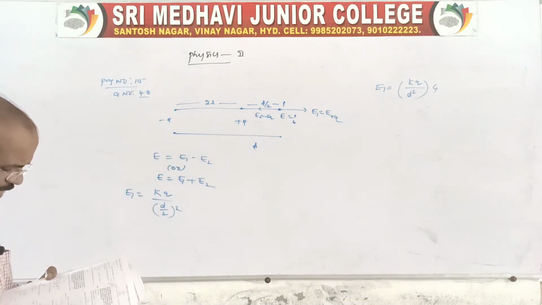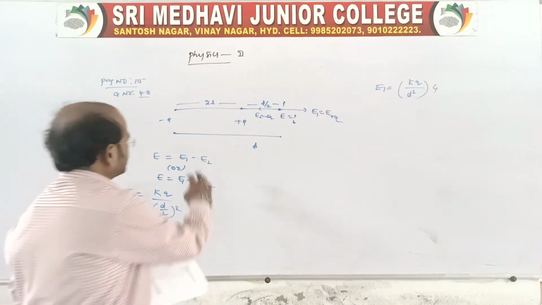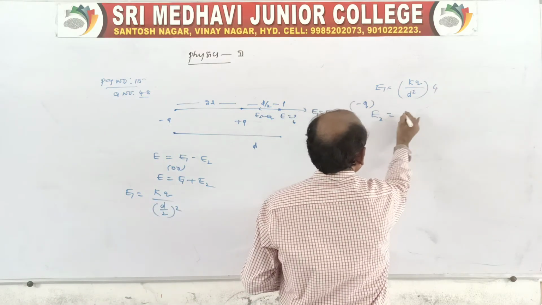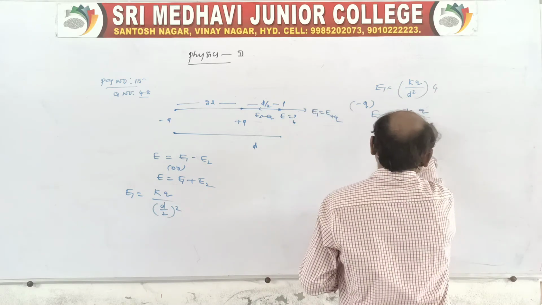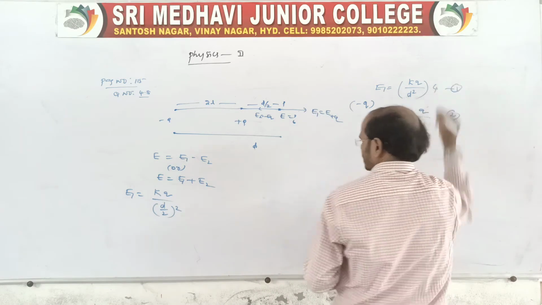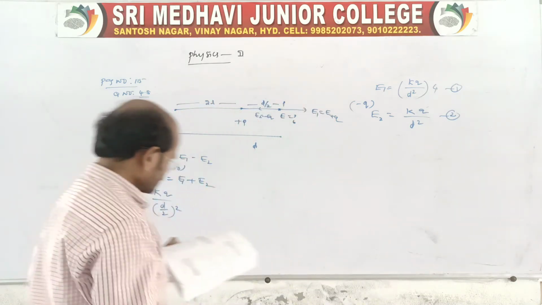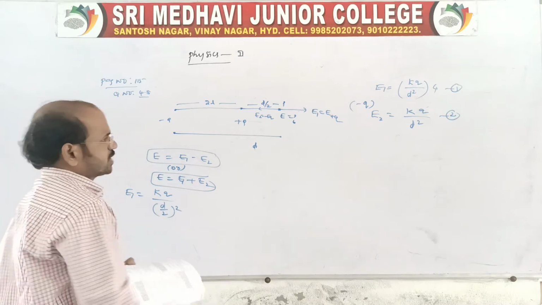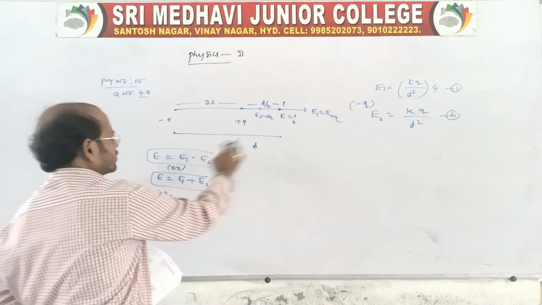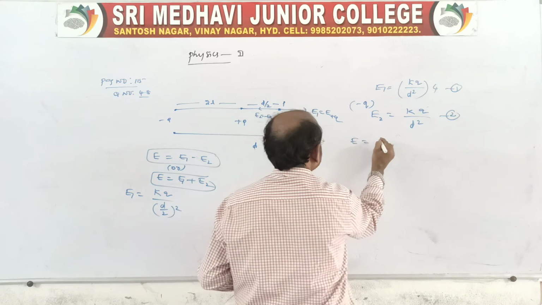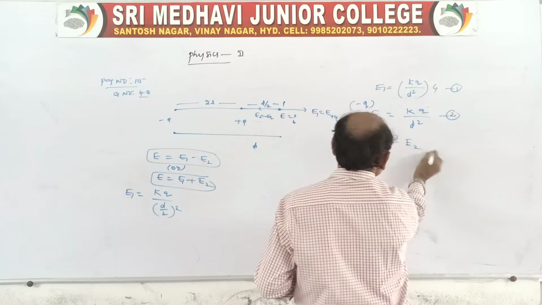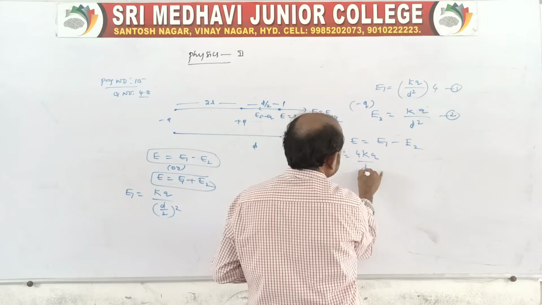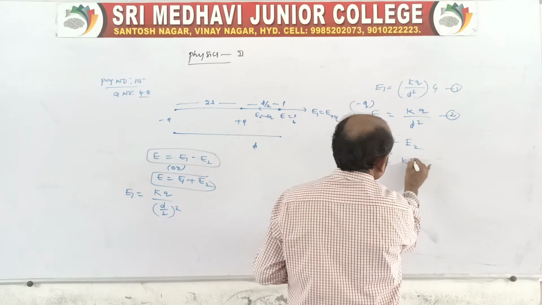And what about E2? Due to the negative charge, E2 is K Q by d square. Now substitute these two expressions. Since the charge is negative, E is equal to E1 minus E2, so E is equal to 4 K Q by d square minus K Q by d square.